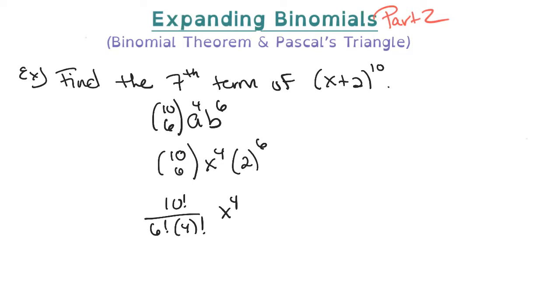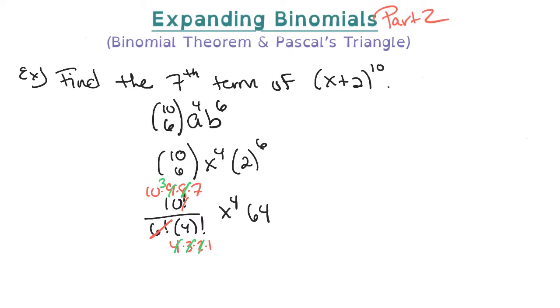2 to the 6th is 64. And when we get to reducing these, the 6 cancels with much of the factorial. 10, 9, 8, up to 7 is left. 4 is 4, 3, 2, 1. And there's a lot of canceling even that happens further. 4 and 2 make 8. And 3 goes into 9 3 times.